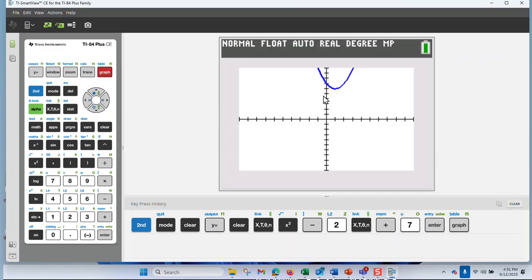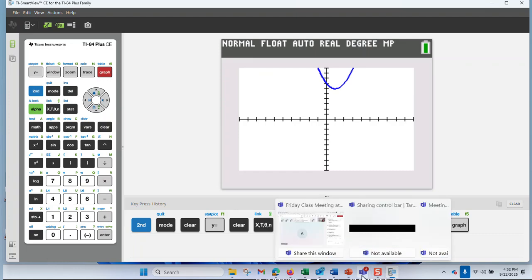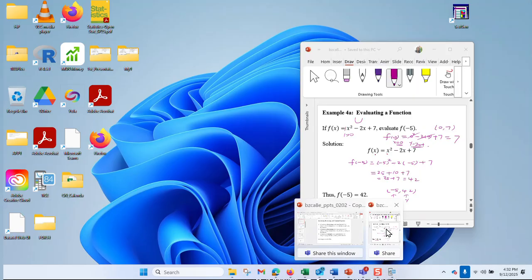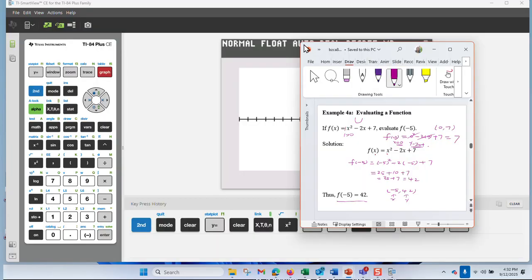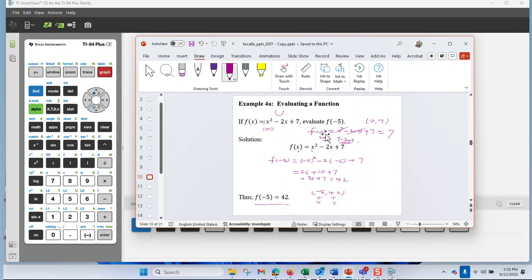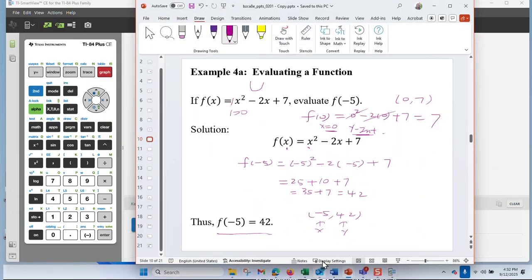This is your graph here. You can see that when x equal to 0, y is 7, and we also calculated that when x is negative 5, y is going to be 42.